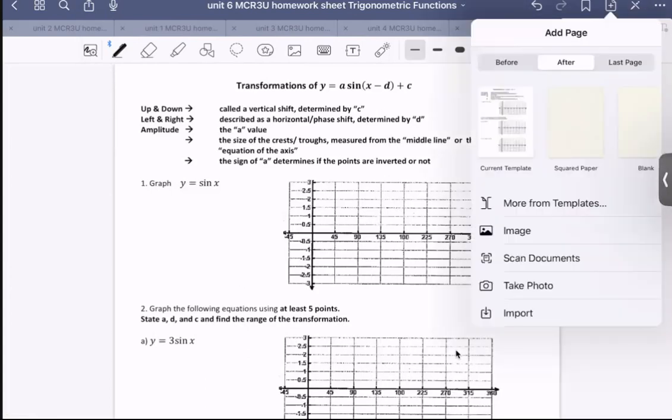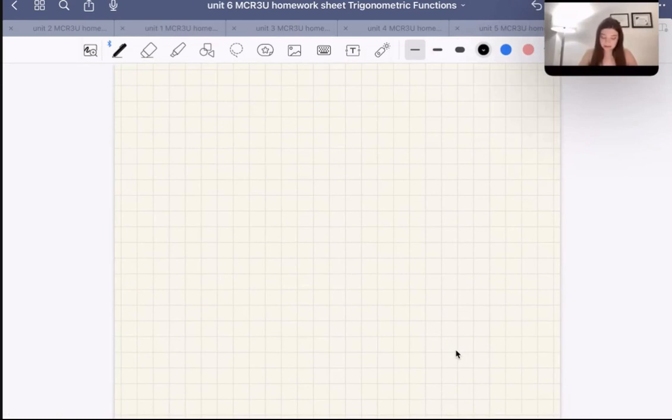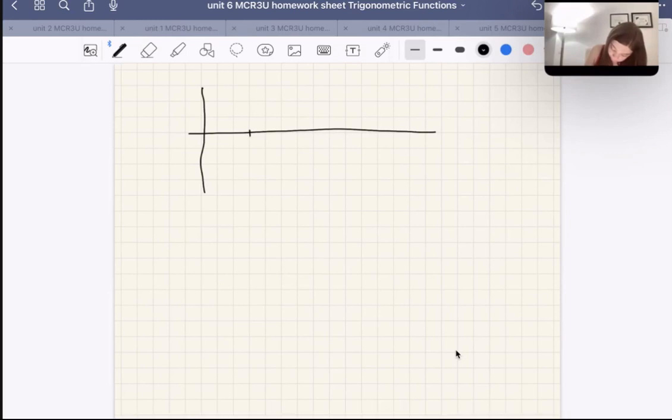Let's first talk about how to graph sine and cosine. So here's our sine function. This is going to be y equals sine x.